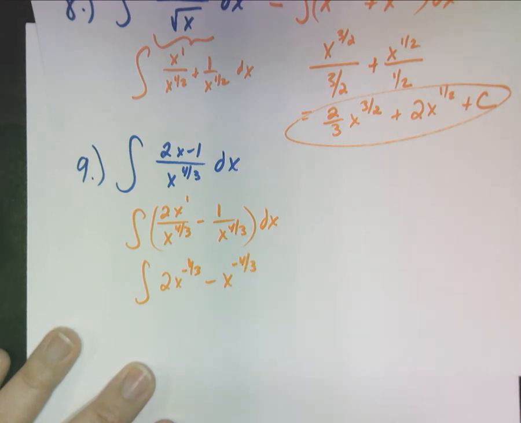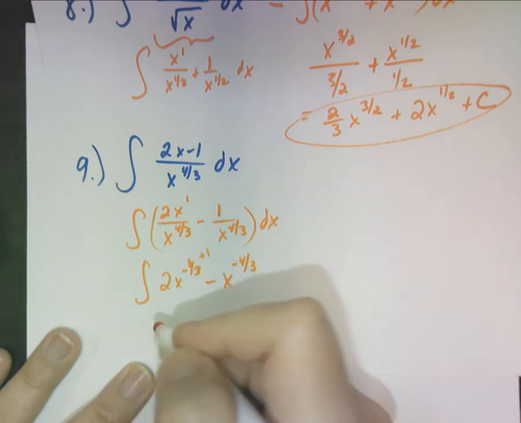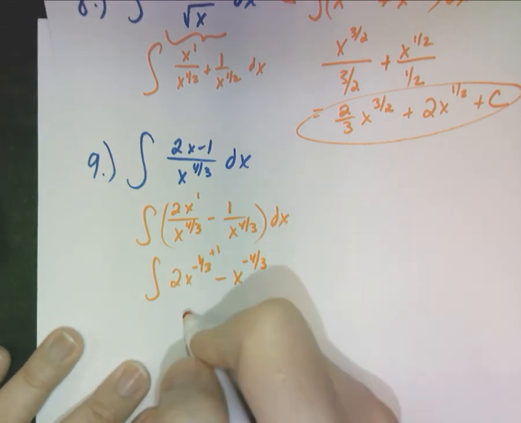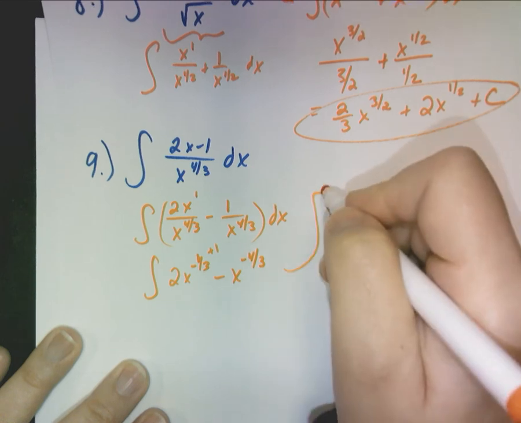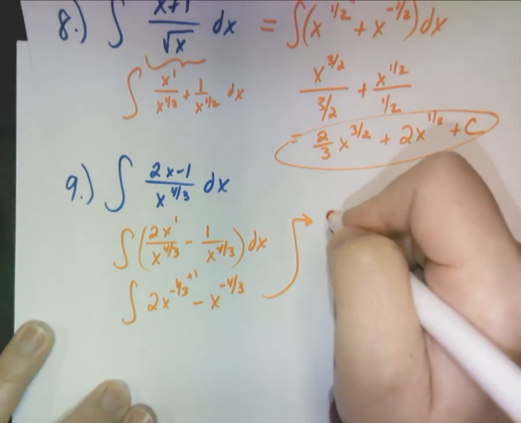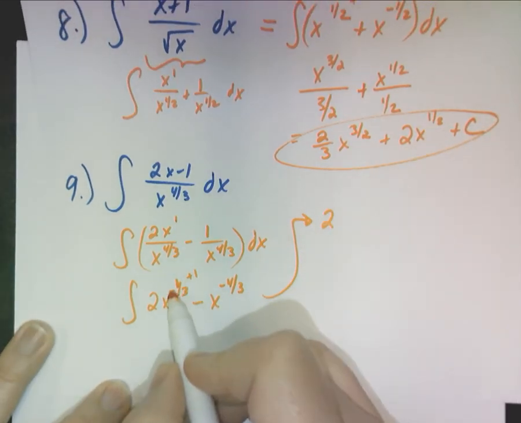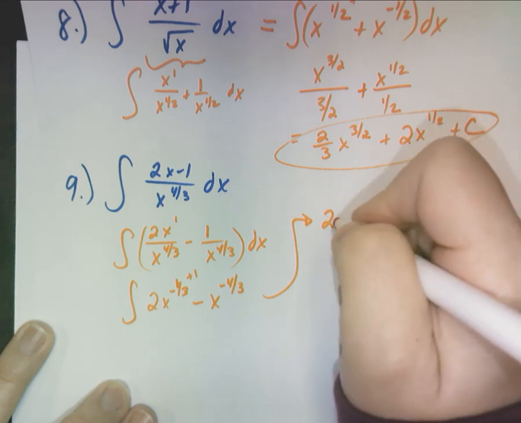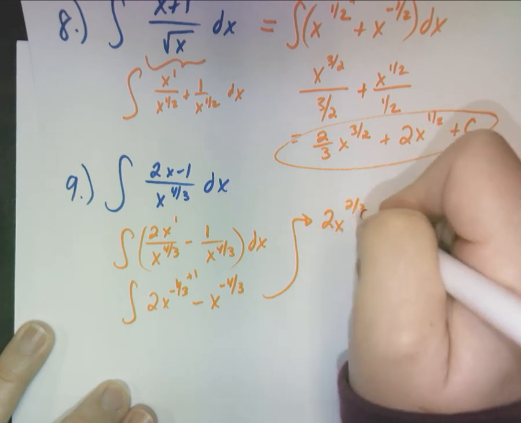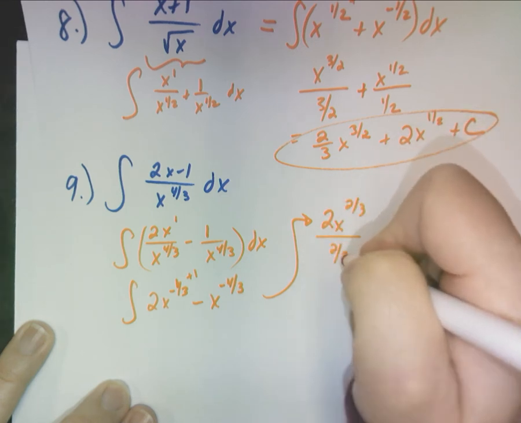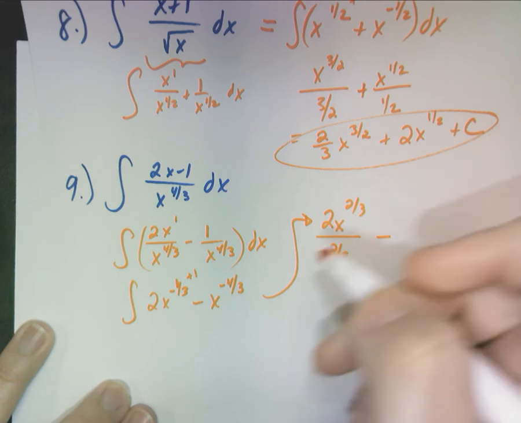Okay. So now add 1 would be, actually, let me move this over here. So 3/3 minus 1/3 is 2/3. So 2x to the 2/3 and divide by 2/3. Minus, add 1.